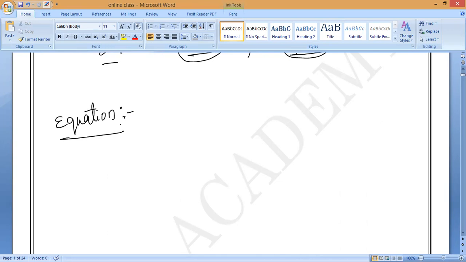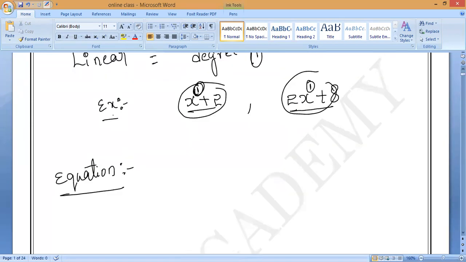Kevin, Aravind, Pranav, what is an equation? We already discussed it.